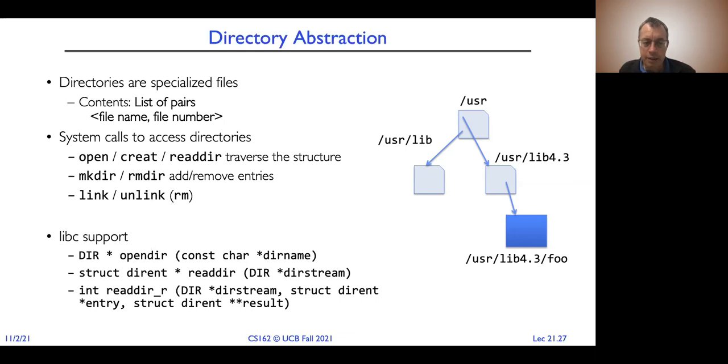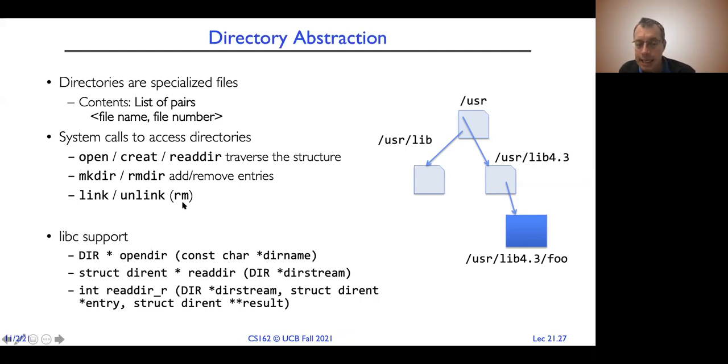Instead, to manipulate directories, you have special system calls, like make dir or remove dir to create a directory, or read dir to traverse the directory structures. You can use these from the command line, but you also have libc support, so you can use them programmatically from your application.